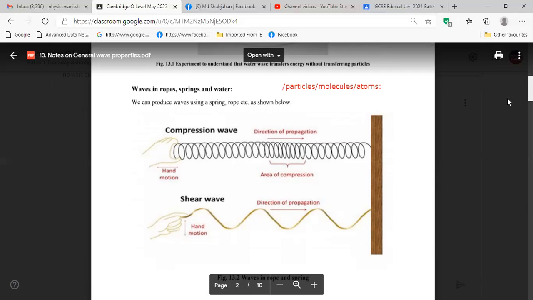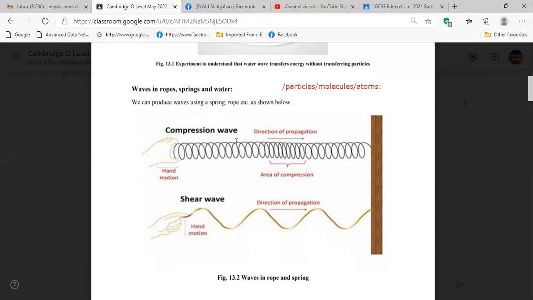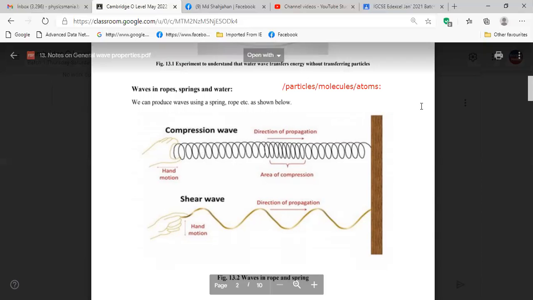So here you are getting one wave forward and backward, and this type of wave is called a compression wave. You are compressing and then extending, compressing and extending.